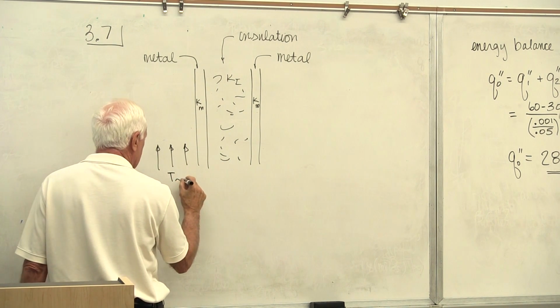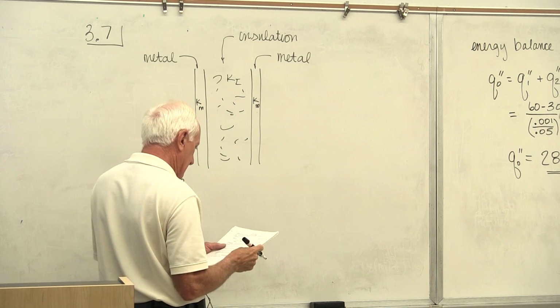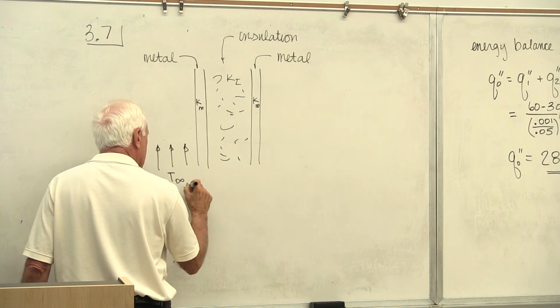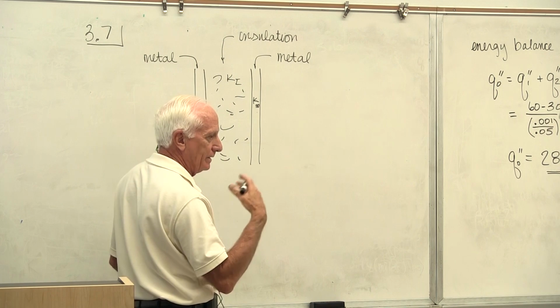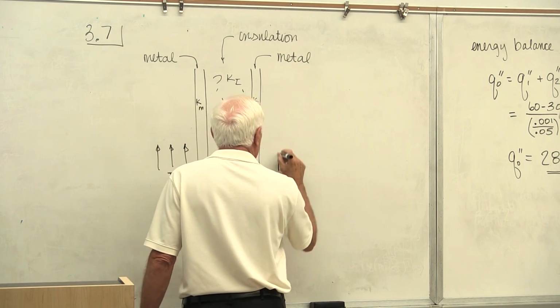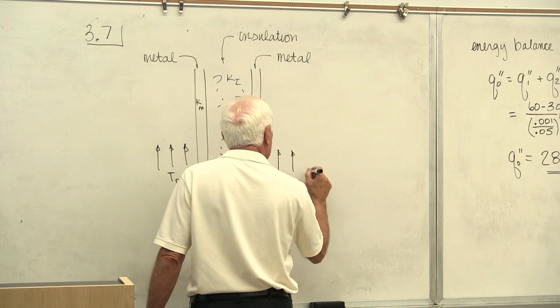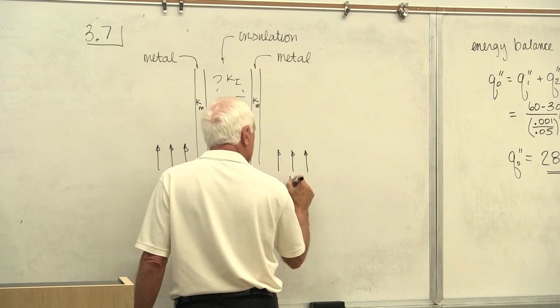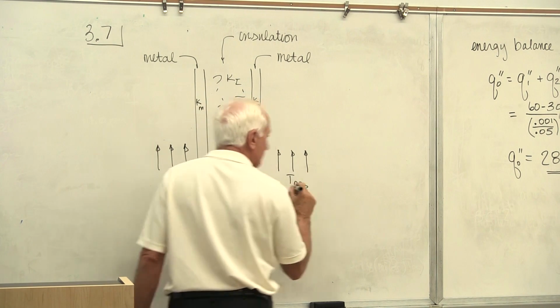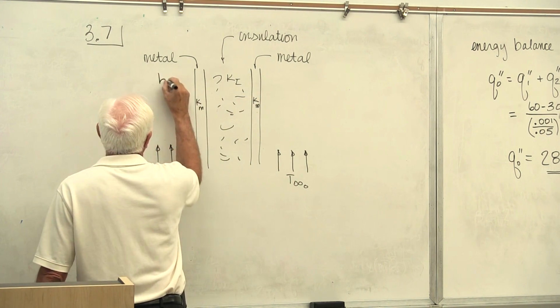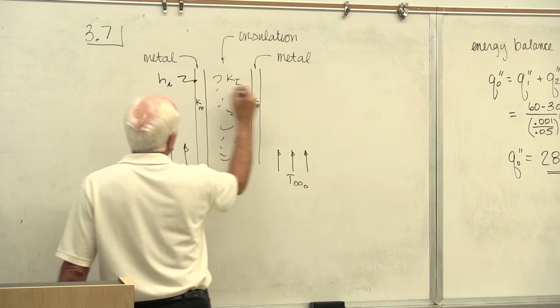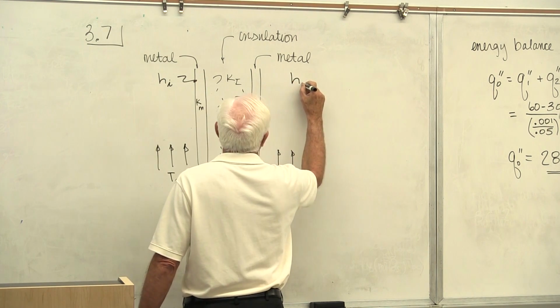This is T infinity. I think I'm going to call that inside. This is the inside. There's also air moving inside the refrigerator. Not much, but there's enough to worry about. And this is T infinity on the outside in your kitchen. There is an H on the inside wall, and there is an H on the outside wall.